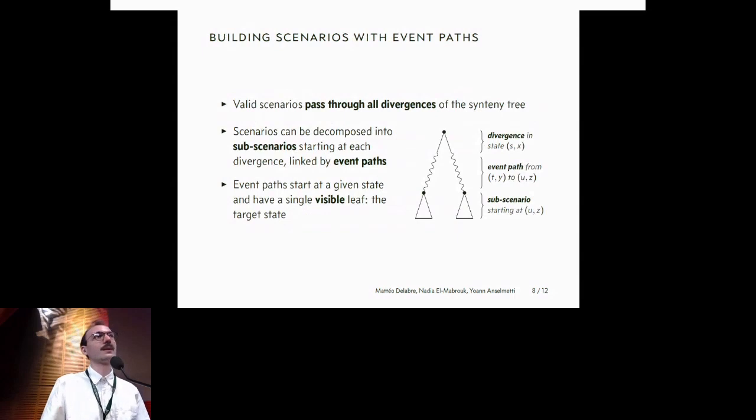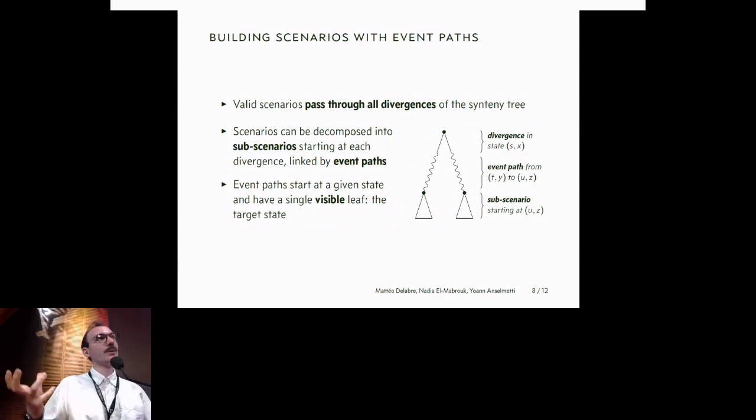But this space of scenarios has some structure to it, which is similar to usual reconciliations. The first thing to notice is that the scenarios have to pass through all the divergences of the initial synteny tree. This is because they have to match the topology. So these act like some kind of waypoints through which the scenario has to pass.